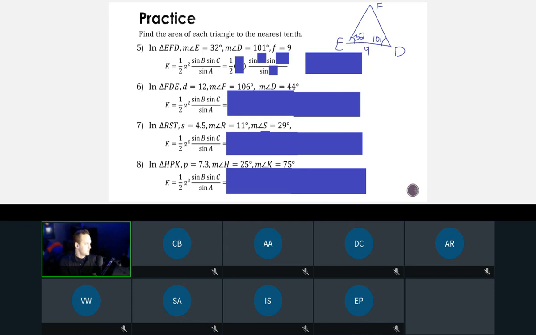All right, so this first blue box on the left, what do I put there? What number? Nine squared. Yep, 9 squared, because that's the only side we have, right? So if 9 squared is in that place, what goes in our denominator?